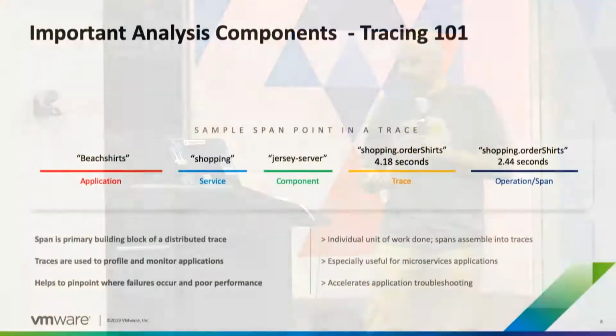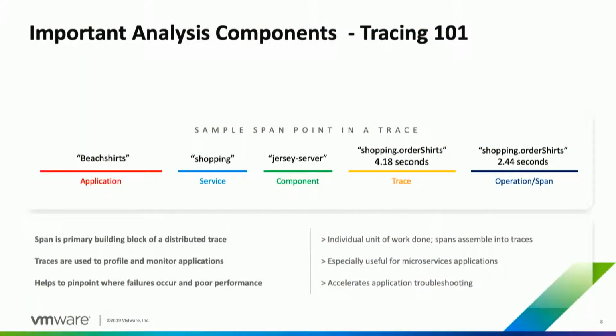And finally, there's tracing, right? The best analogy for this, the way I think about it, is an ability for you as a developer or a DevOps person to understand an end-to-end story about what's happening in the application or a specific component of the application from one point to another, right?